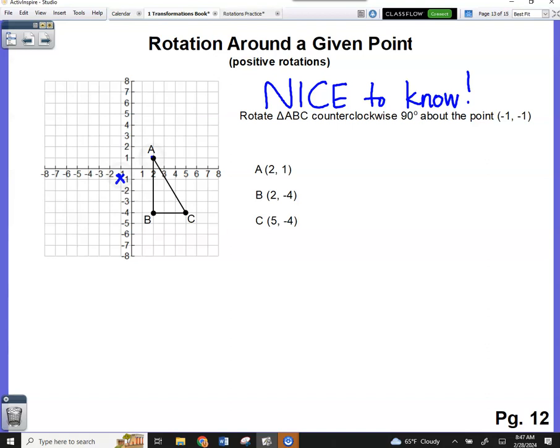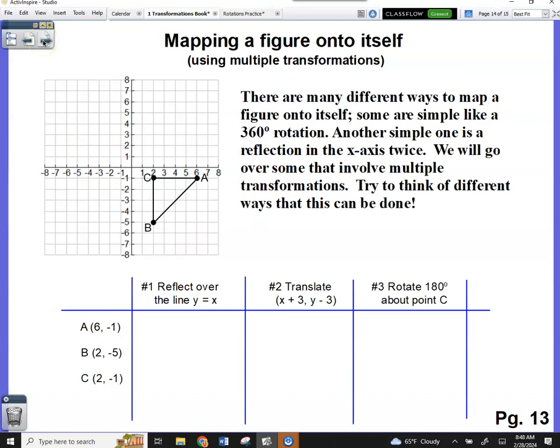It says 90 counterclockwise, so that would be about right there, because that would form a 90-degree angle between my rotation. So this shape would land over here somewhere, which would be weird because it's off-centered. It's not around the origin, it's around a random point. So that's what that used to look like, but we don't have to worry about that.